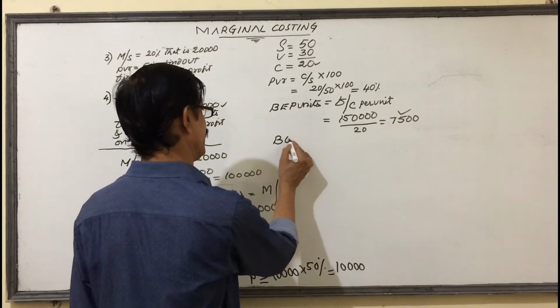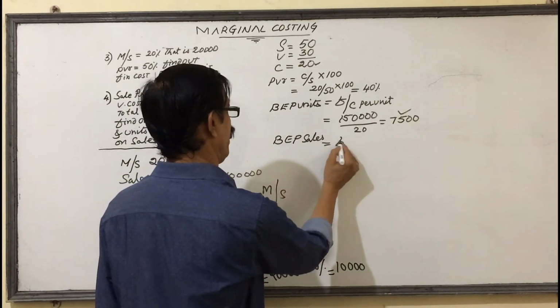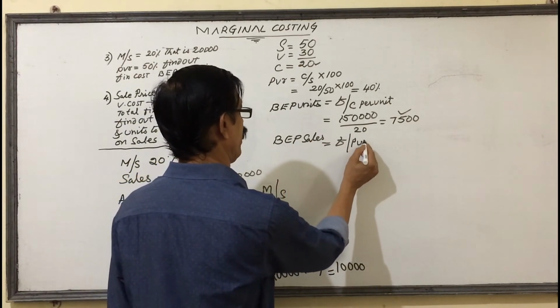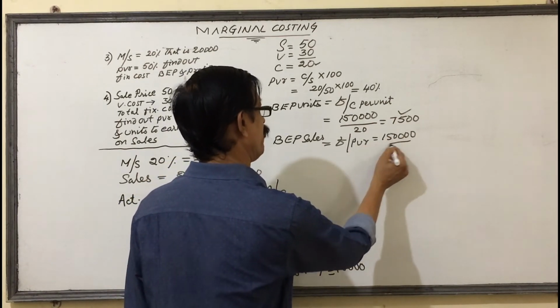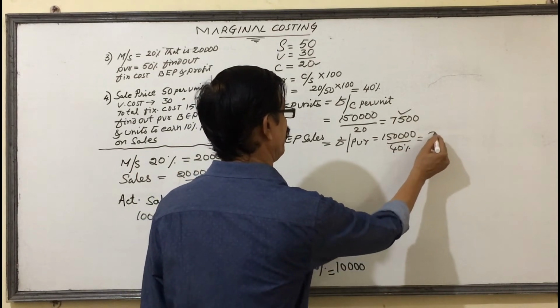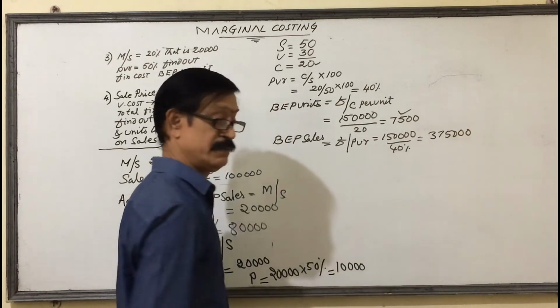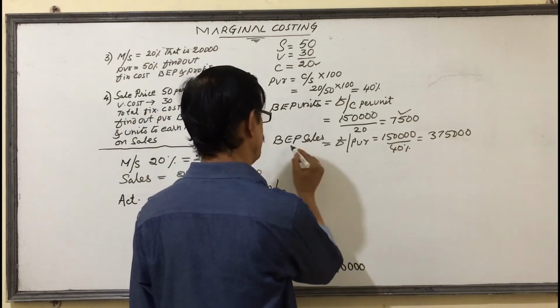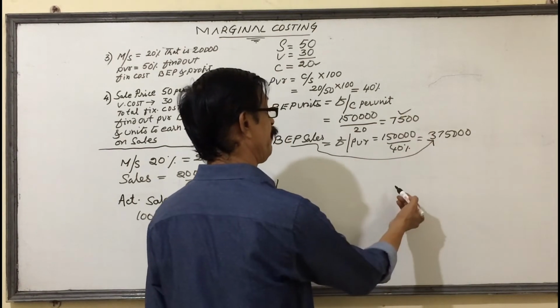You want BEP sales, F by PVR. F is equal to 1,50,000 divided by PVR is equal to 40%. That is equal to 3,75,000. You can find BEP sales in another way.